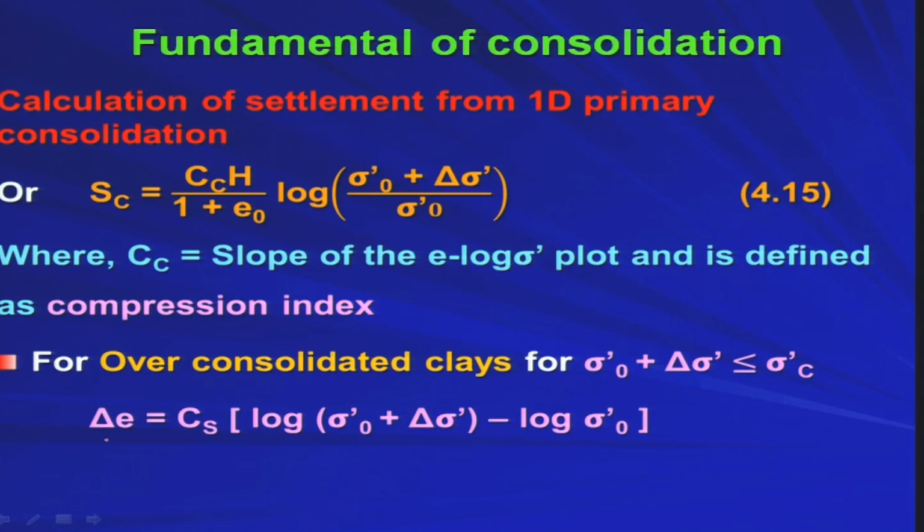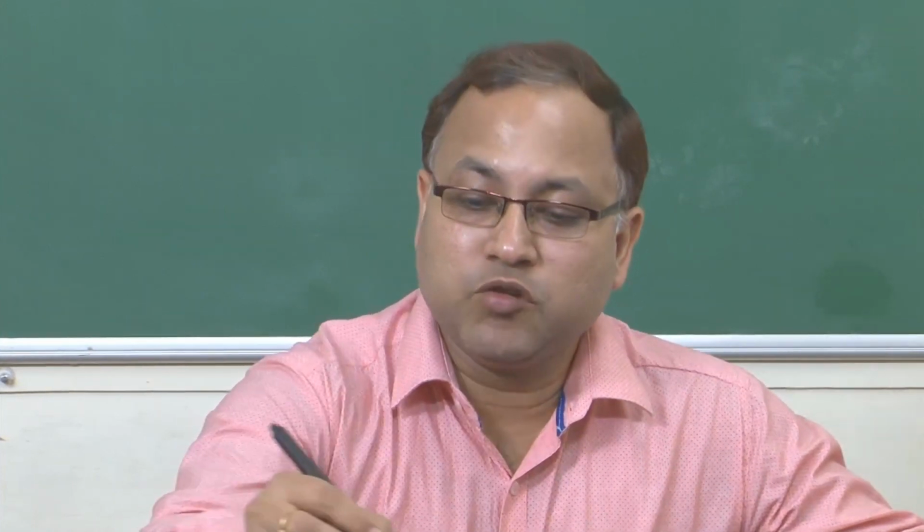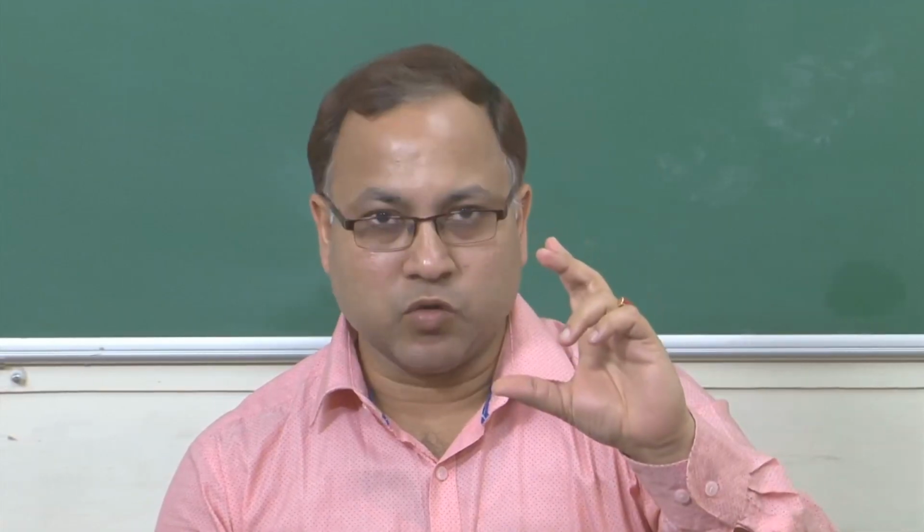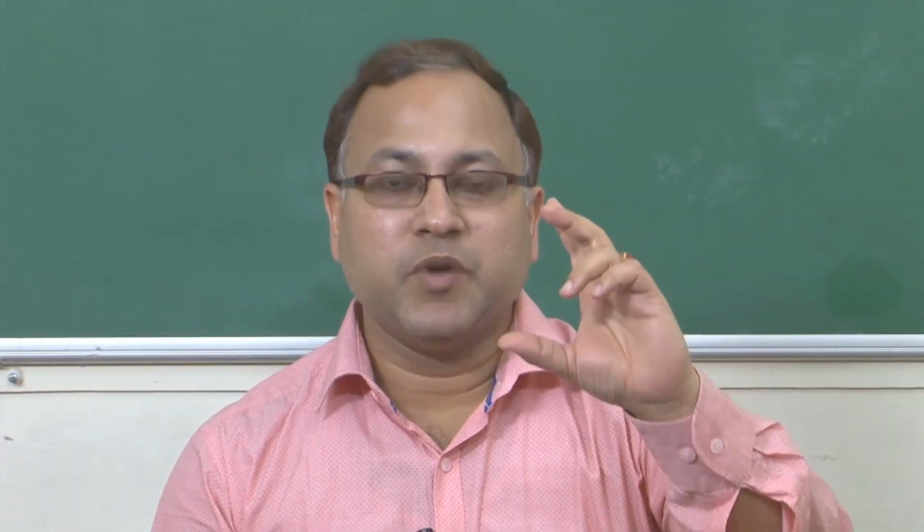So in the case of normally consolidated soil, to find the 1D primary consolidation settlement you need to know the initial effective stress and the stress after the incremental load, because you are finding the settlement for some increment of load or pressure.